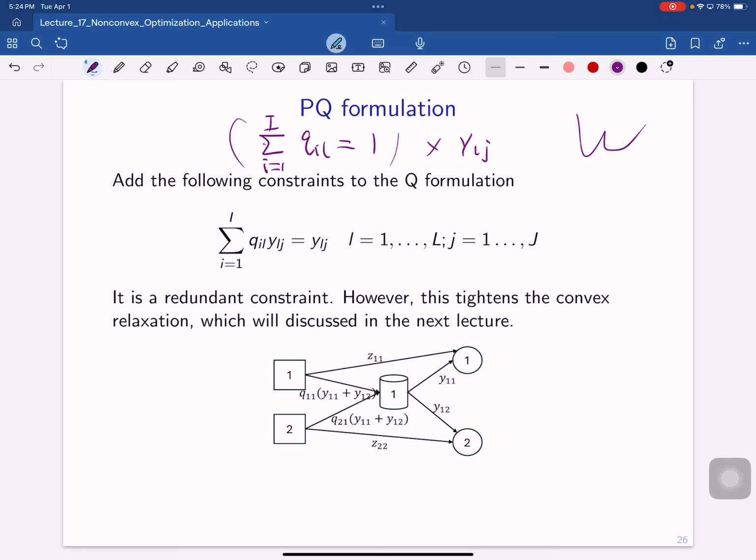I don't know how to find the global optimal solution, but somehow I come up with a convex function that approximates this non-convex function. Then you can solve this convex problem to lower bound the non-convex problem. Of course, you would like this convex function to be as close as possible to the non-convex function. So if you have the PQ formulation and come up with a convex relaxation, you can show that it is better than the P formulation in the sense that it is closer to the non-convex region. That's why we add this redundant constraint.